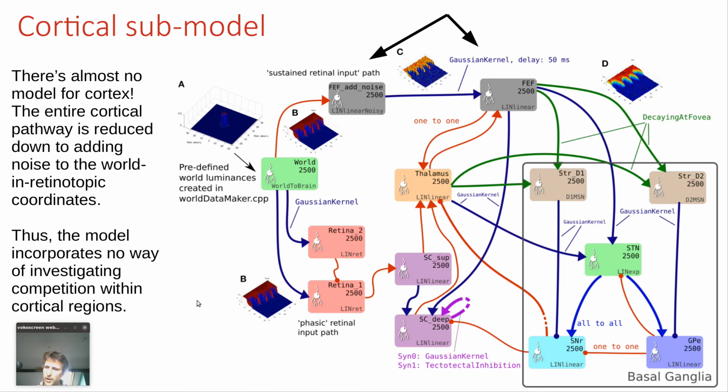So the model incorporates no way of investigating competition within cortical regions. We can't look at competition within LIP. That's just not accessible within this particular model.